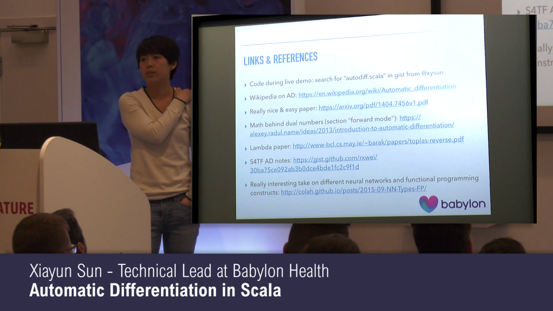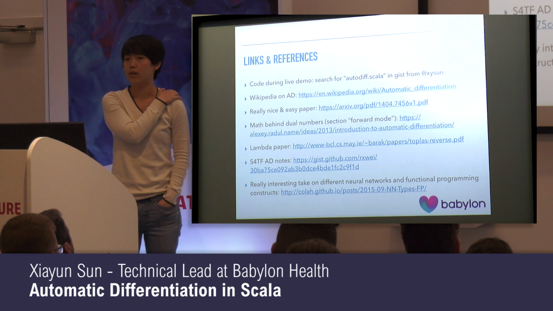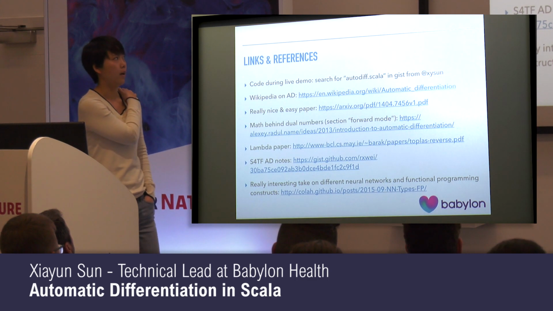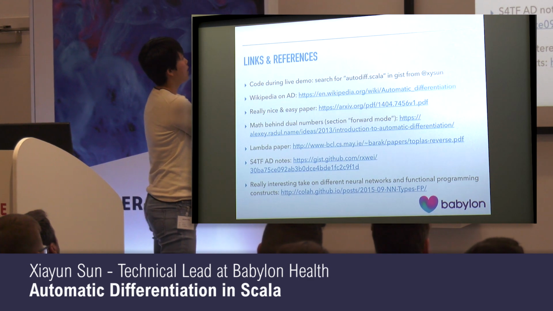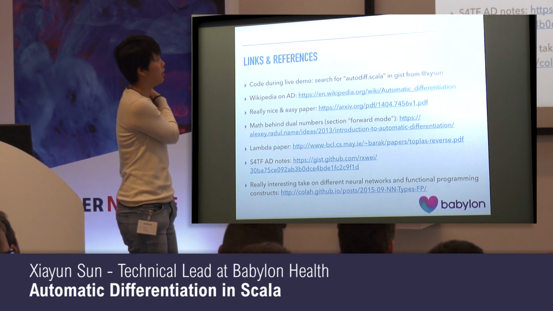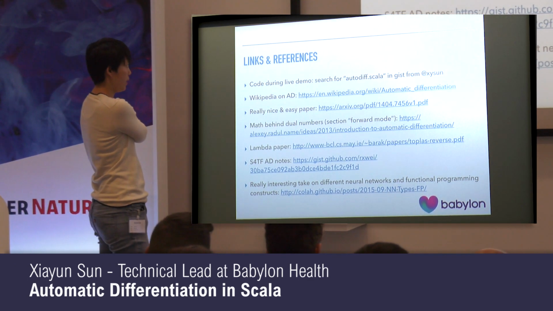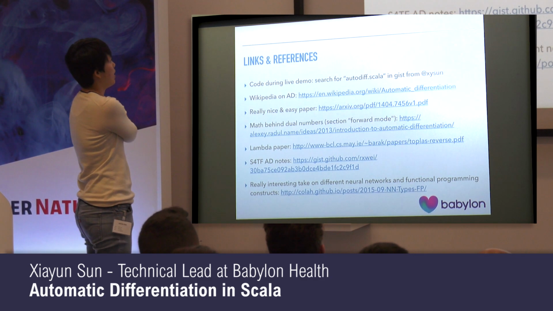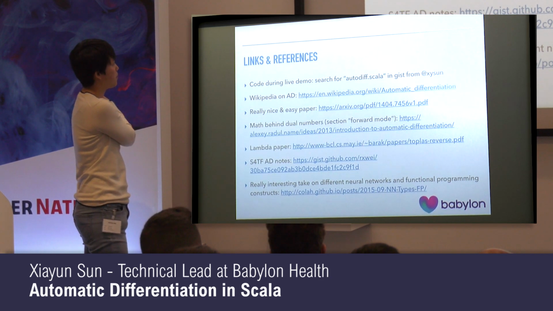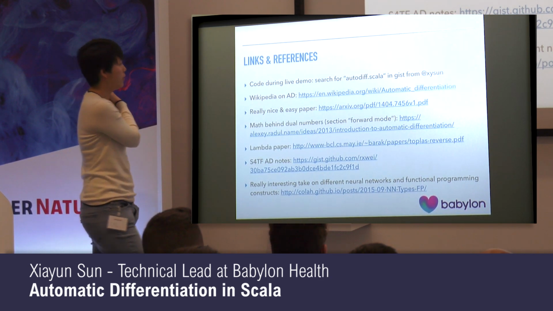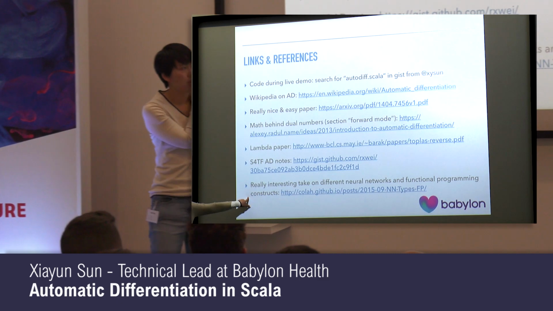I think the presentation's uploaded somewhere already. So these are the good references. If you need to pick 3 here, I would say the really nice and easy paper. This one is particularly interesting.